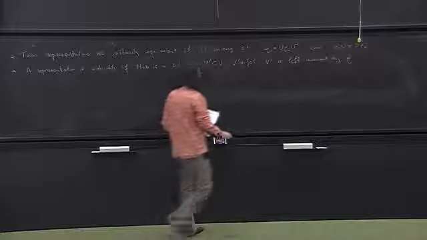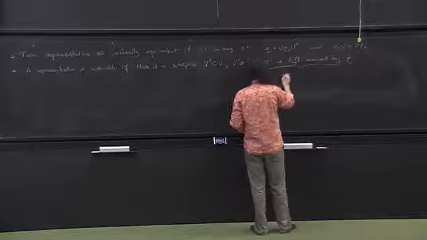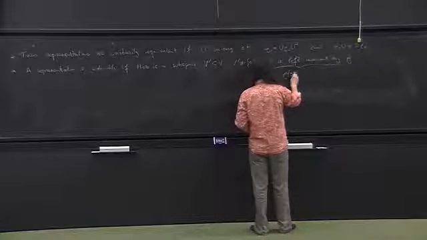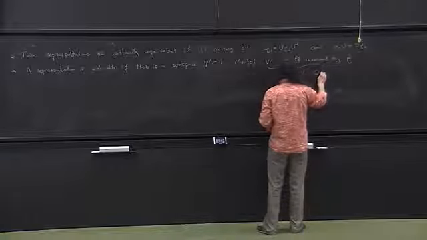It means that rho of G acting on any vector in V prime is contained in V prime.